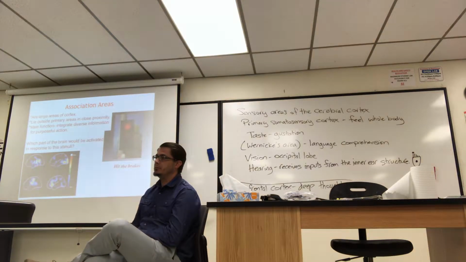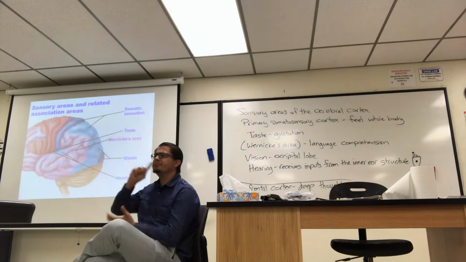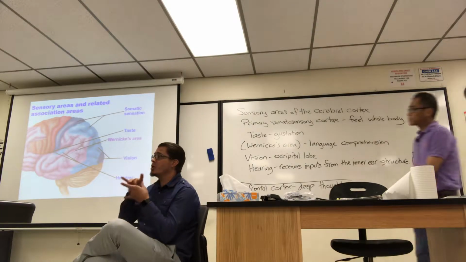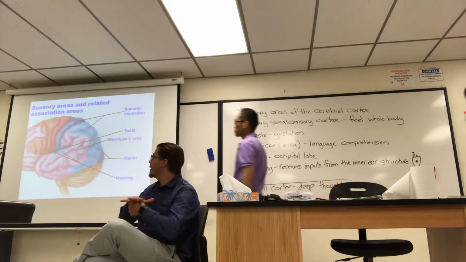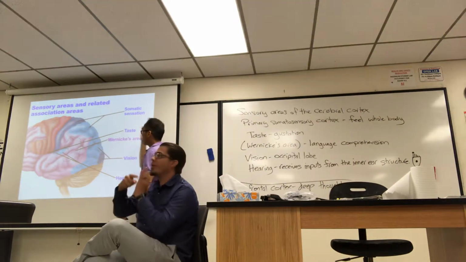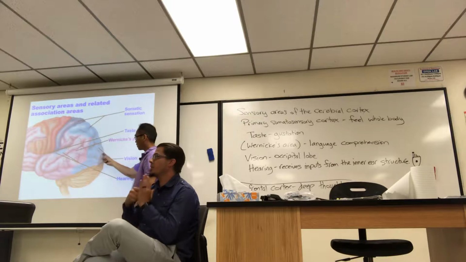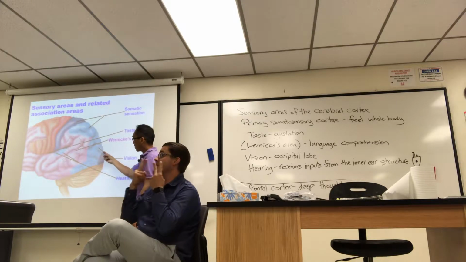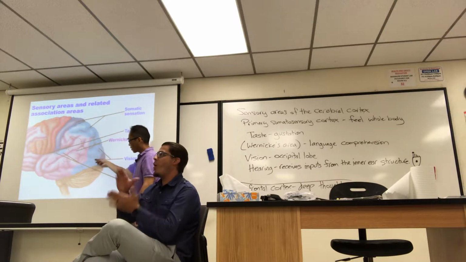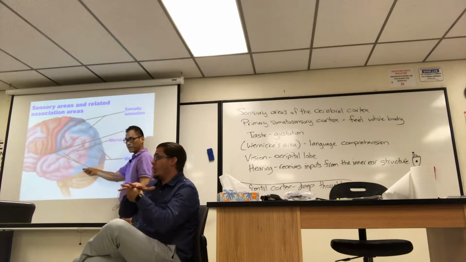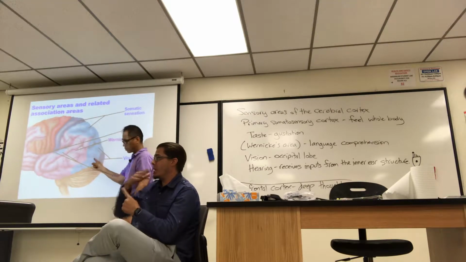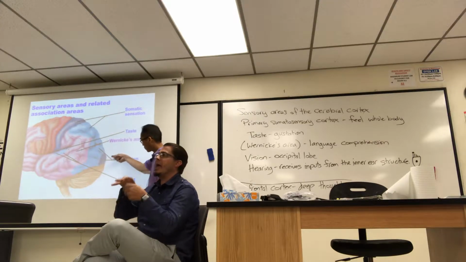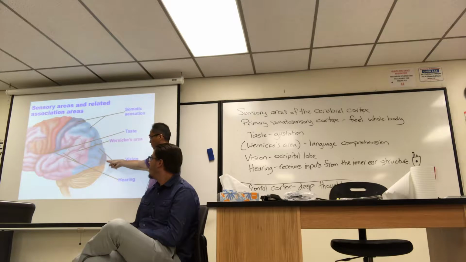And so I don't know if you've noticed this, but the association areas, for example, vision is a good one. Here's vision. The dark blue represents the primary area for vision. But all the cortex close to it, in proximity to it, colored in lighter blue, is the association area for vision.